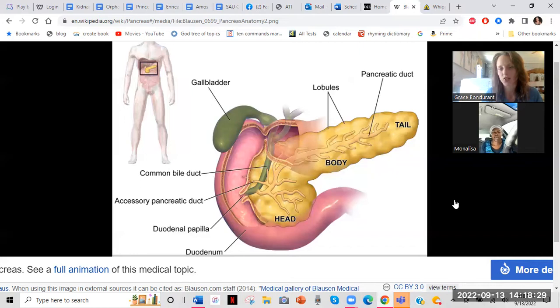If there was a blockage at the opening, there would be no way for pancreatic enzymes to exit out of the pancreatic duct into the duodenum. Does that make sense? Yes. So, a stone blocking both of them. That would be one of the potential causes of pancreatitis, if there's a gallstone blocking it, right? Because one of the functions of the pancreas is to produce enzymes.